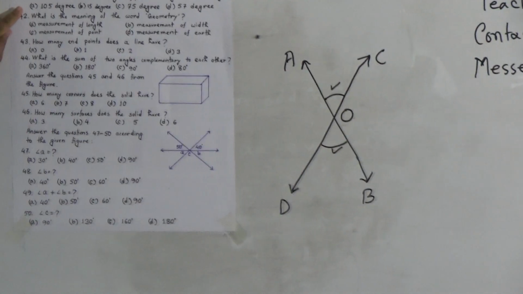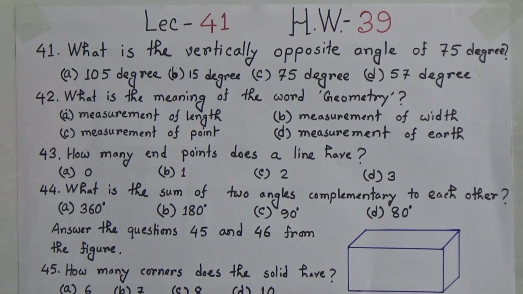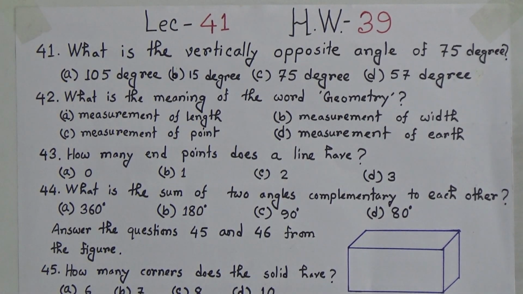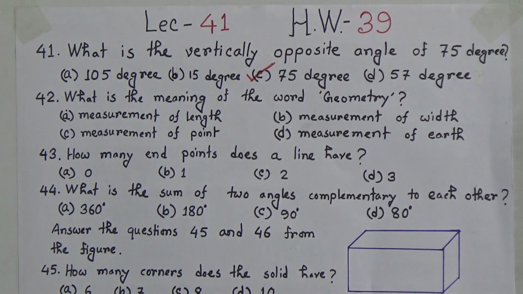The question says, what is the vertically opposite angle of 75 degree? The answer will be 75 degree, and option C says 75 degree. So our answer will be option C. Now question number 42. What is the meaning of the word geometry?